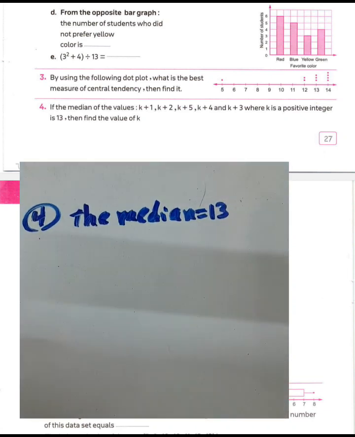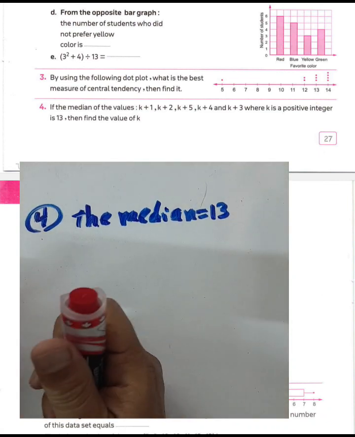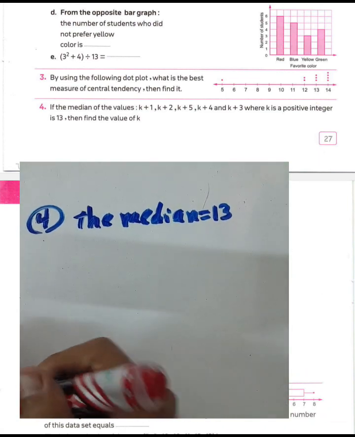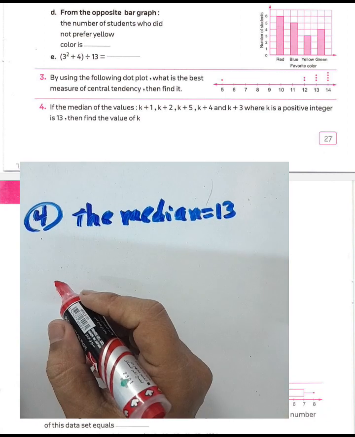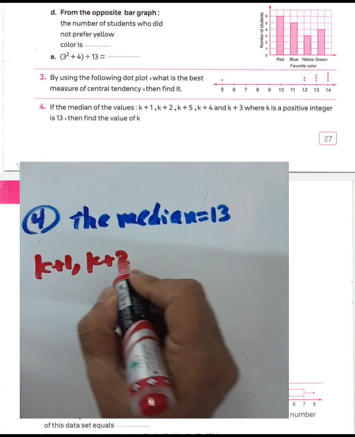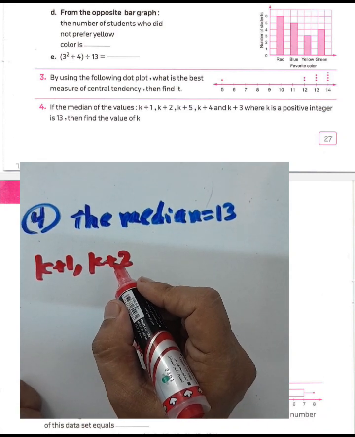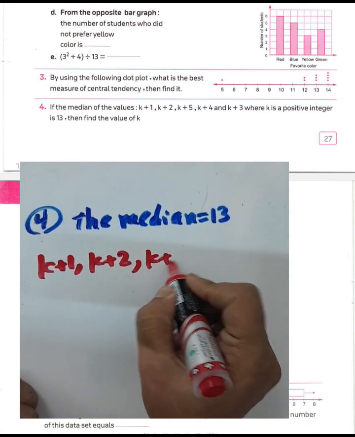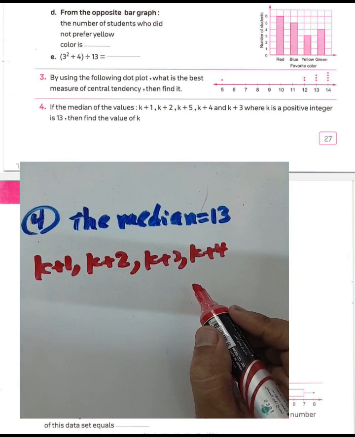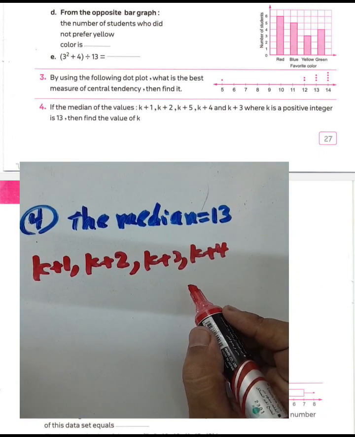Then you must arrange all the values from least to greatest, ascending order, or descending order. k plus 1, k plus 2, k plus 3, k plus 4, k plus 5. Okay, it's the last one.